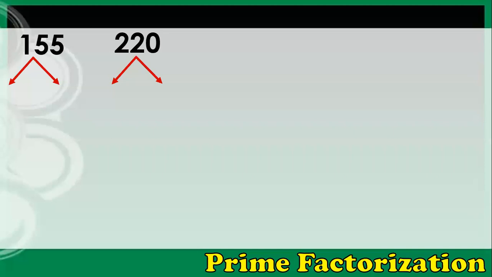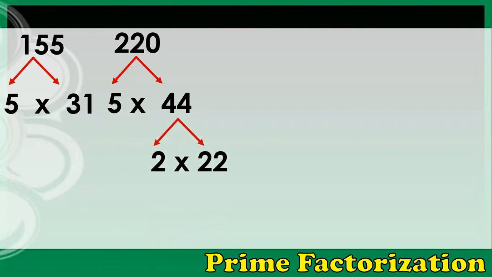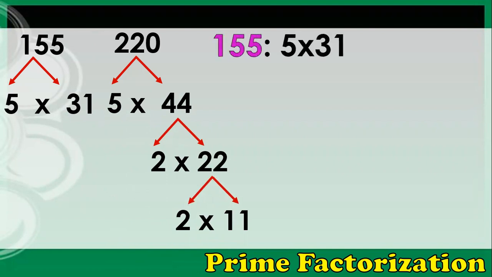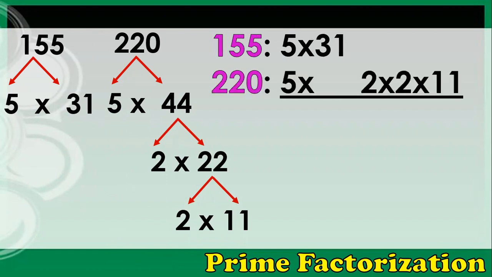Okay, another one, we're going to find the least common multiple of 155 and 220. 155 is 5 times 31. Okay, 220, that is 5 times 44. 44 is 2 times 22, and 22 is 2 times 11. Giving the prime factorization of 155, that is 5 times 31. We have 220, 5 times 2 times 2 times 11.